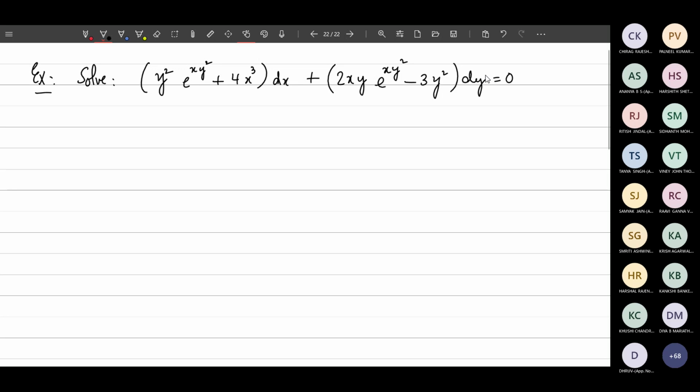The integration looks a little complicated, but one thing here: M and N are functions of x and y, that is clear. Only if both the derivatives are equal, then it is exact, but otherwise you need to reduce it to exact. That is in the next method. Of course, let us check this.